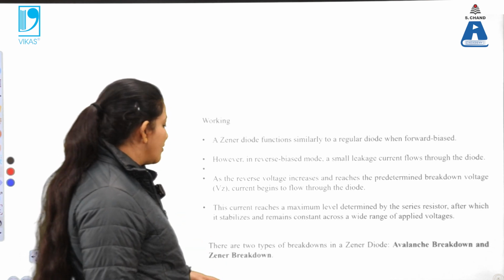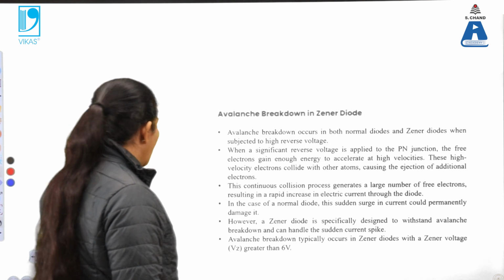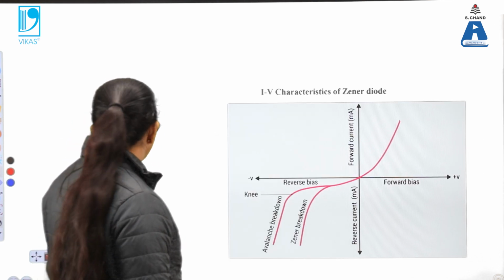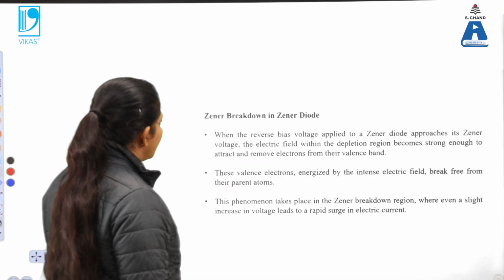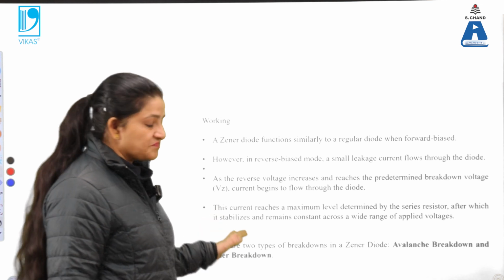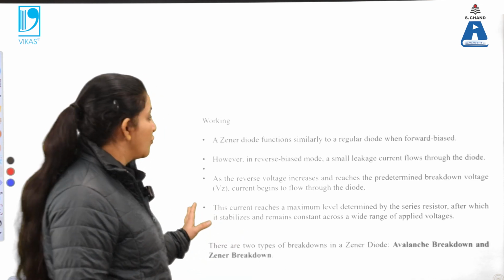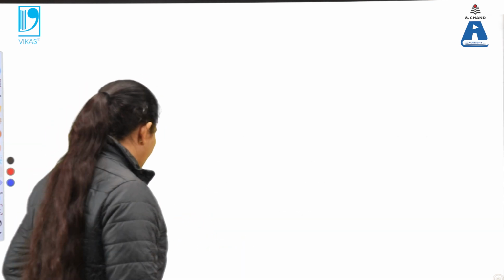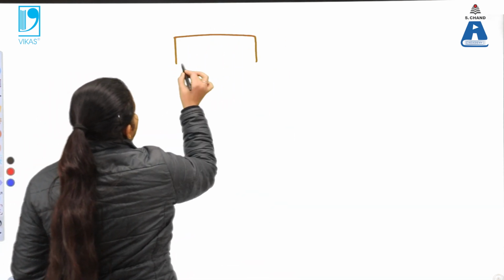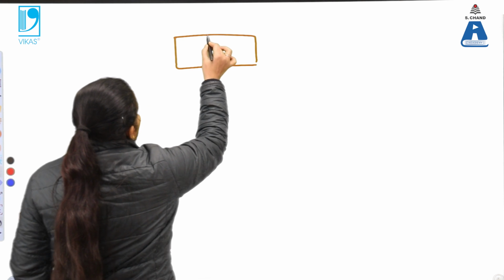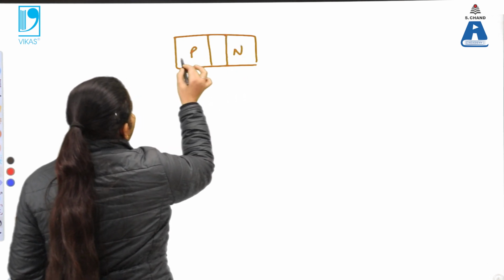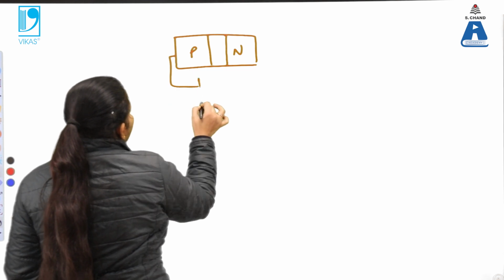There are two kinds of breakdown present in the Zener diode. One is known as the avalanche breakdown and the second one is known as the Zener breakdown. Now, firstly, what is the difference between the working principle of the Zener diode and the PN junction diode? If this is a PN junction, we know that a potential is developed, known as the depletion region, and forward biasing is there.